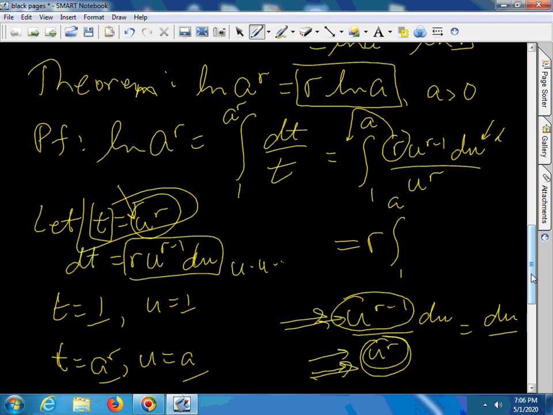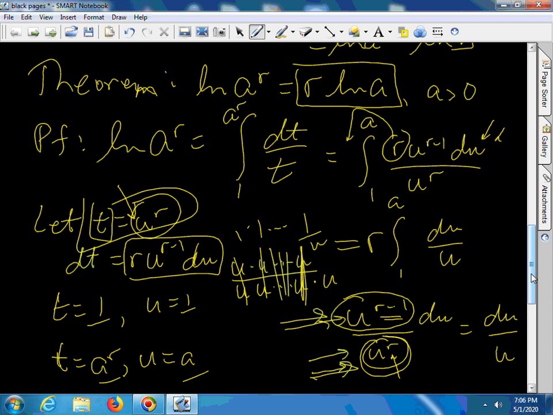So you have u times itself a certain number of times, and on the bottom you have that number of times, and then one more, because this power is one more than that power. This cancels out to 1, that cancels out to 1, all of those cancel out to 1. The last one cancels out to 1, but you still have a u in the bottom. You get 1 over u, or du over u. So you get du over u.